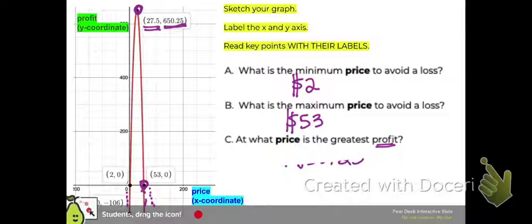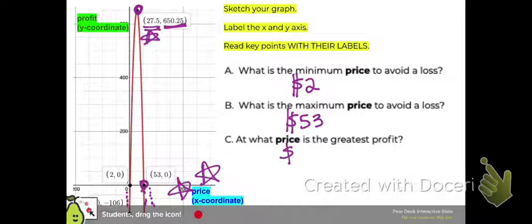It's asking at what price is the profit. Remember, price is our x coordinate. So you are giving the x coordinate of $27.50. Very common mistake on the state test. You might graph it, you might be zeroing in on the right point. You want to make sure you are giving the x coordinate or the y coordinate based on what they're asking for.